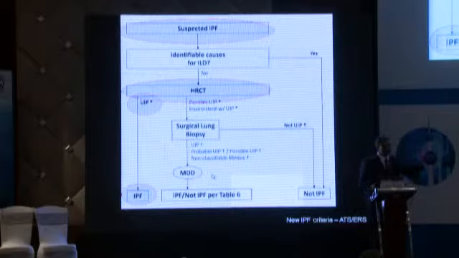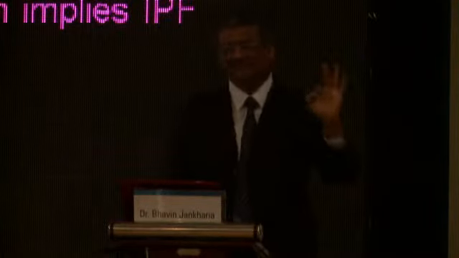So honeycombing with a basal predominance with nothing else equals a usual interstitial pneumonia pattern or the UIP pattern. And in the absence of an identifiable cause, what are the identifiable causes of a UIP pattern? You can have smoking, familial, connective tissue disease, asbestosis.